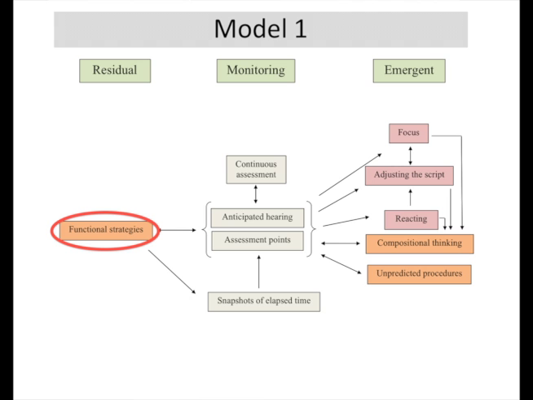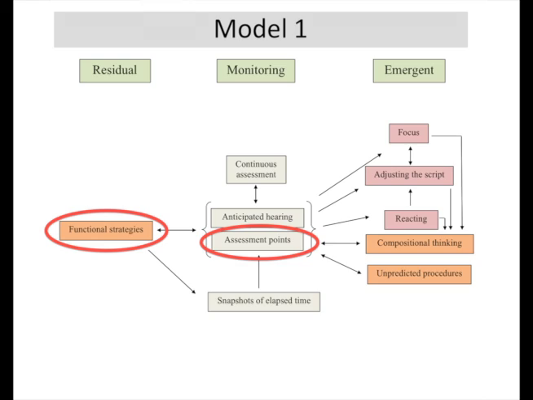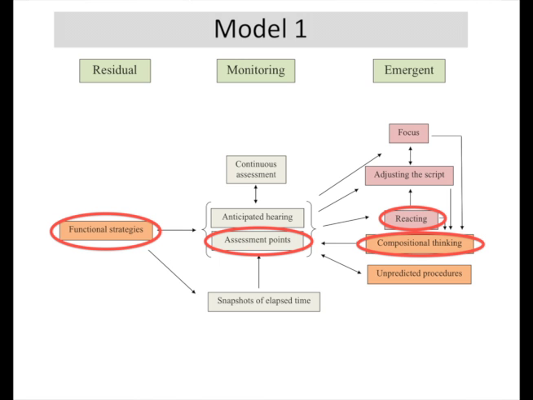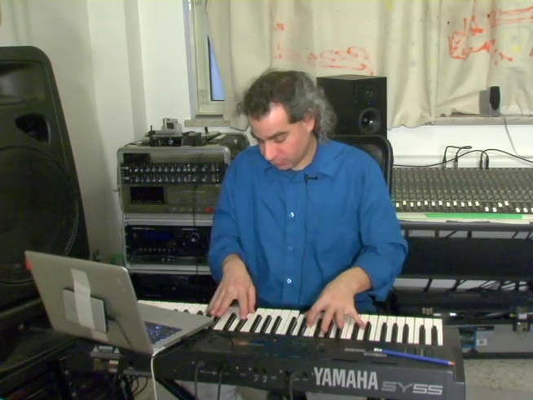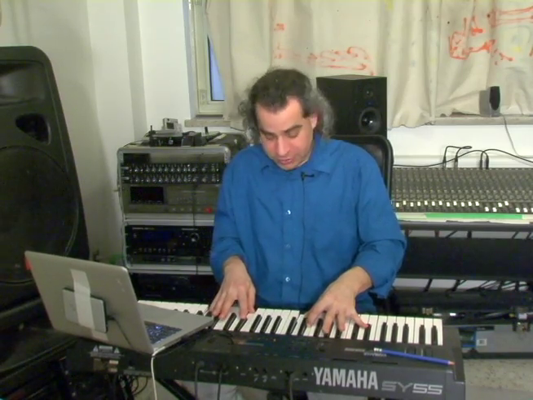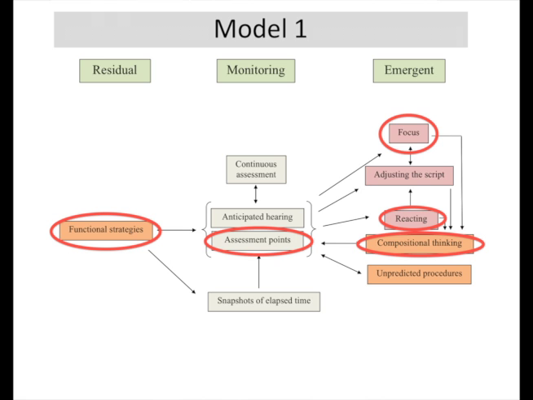For example, functional strategy. In this case, strong beginning. Assessment point. What next? Open up the texture. Now I'm compositional thinking in emergent pairs. Okay, react to this interval, the major 6 on the top voice. See? So 6 again. Now I'm focusing, right?